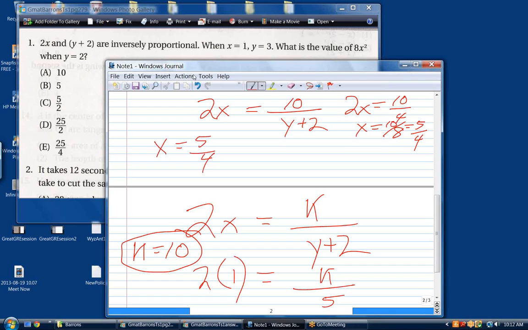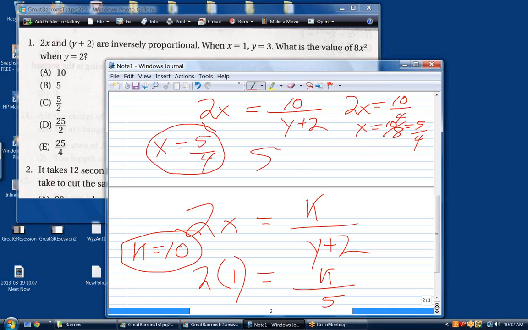Right. In other words, I was able to solve for x when y is equal to 2, because I know what k is. k is 10 for this particular proportional relationship. So when y is equal to 2, x is 5/4.